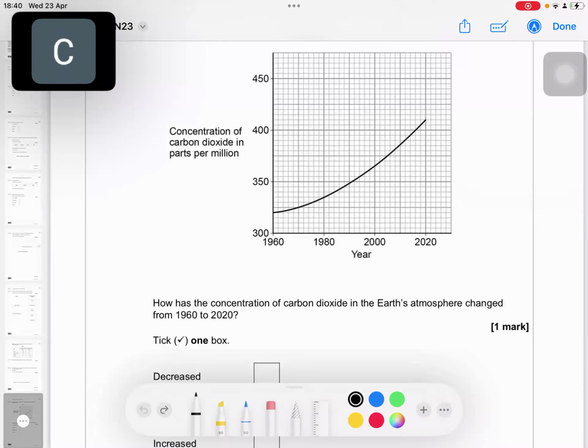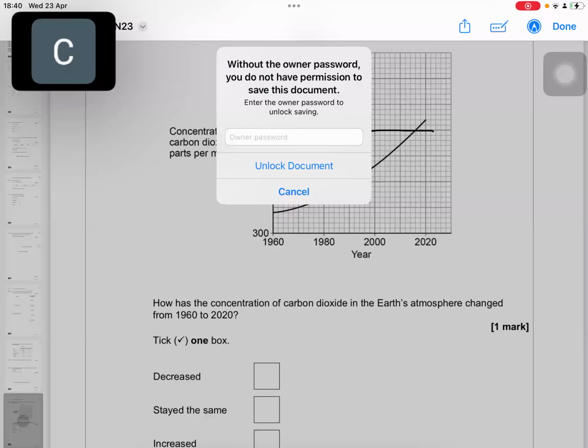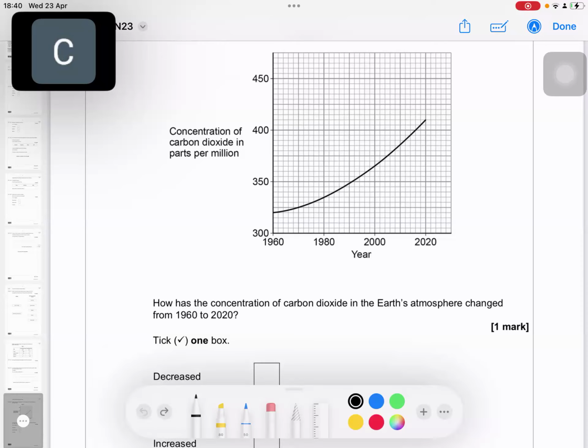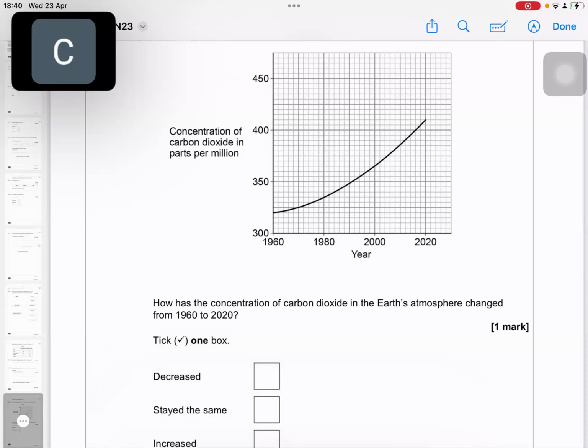How would it look if it stayed the same from 1960 to 2020? Oh, perfect. Yes, correct. Okay, that's good. Let's move on. I just wanted to be sure. You're good with that.